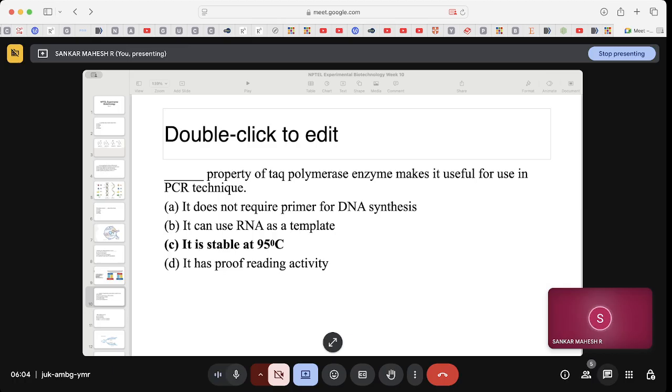And why do you think thermophile polymerase can withstand 95 degrees? Right, yeah, that's the logic.